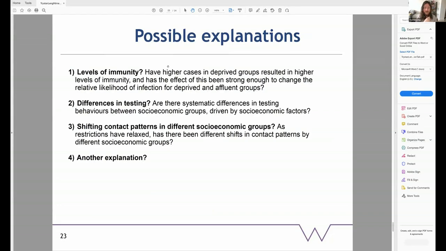Are there differences in testing behaviours between socioeconomic groups, and how are these driven by socioeconomic factors? And has there been a shift in contact patterns in different socioeconomic groups? So as restrictions relaxed, has there been different shifts in contact patterns? Or is there another explanation? Or is it a combination of the three?